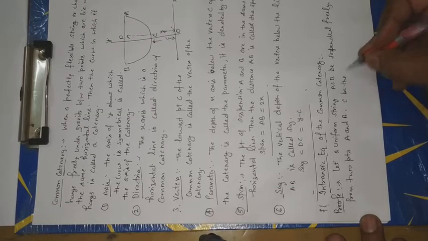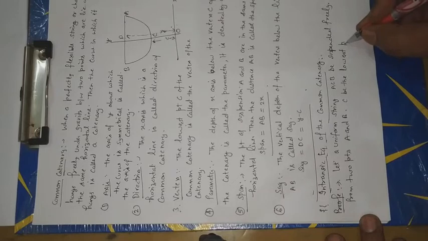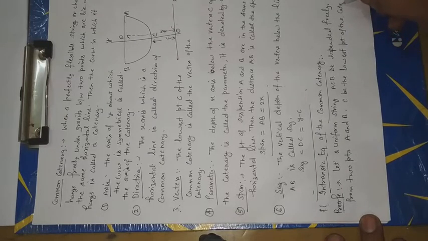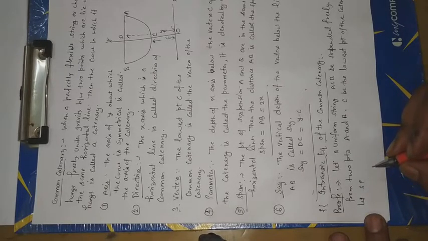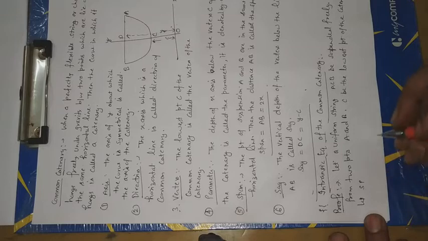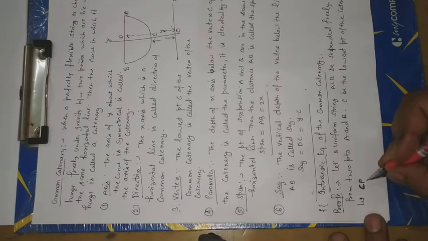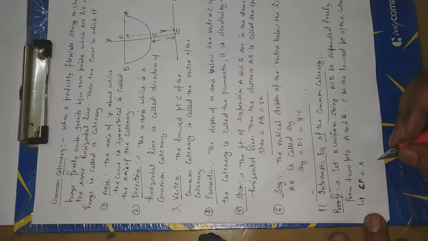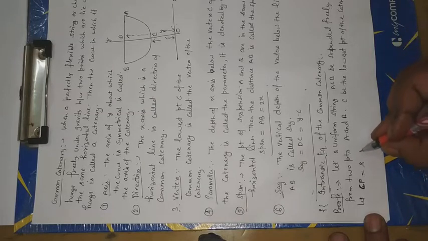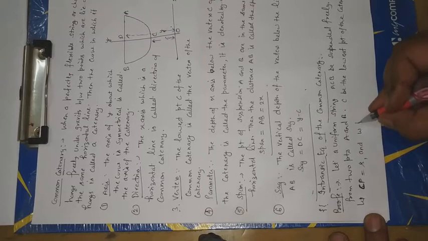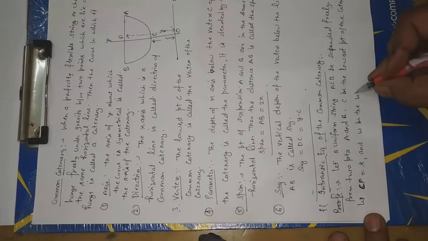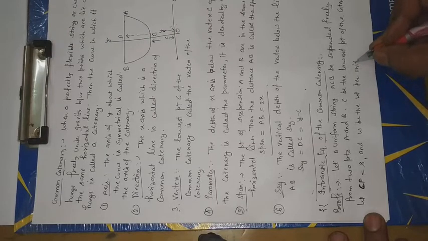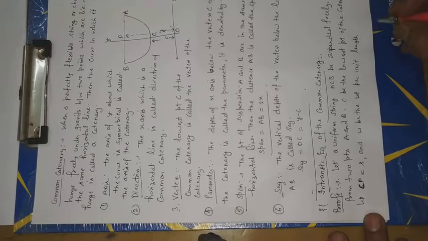Let P be a point, CP is equal to small s, and w is the weight per unit length of the string.